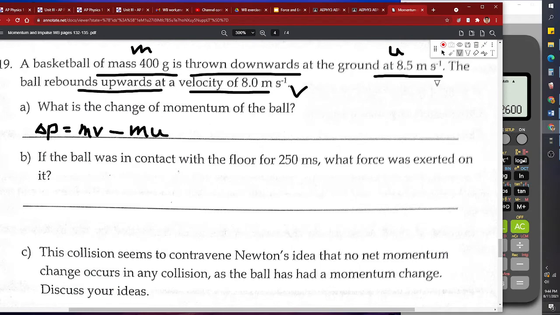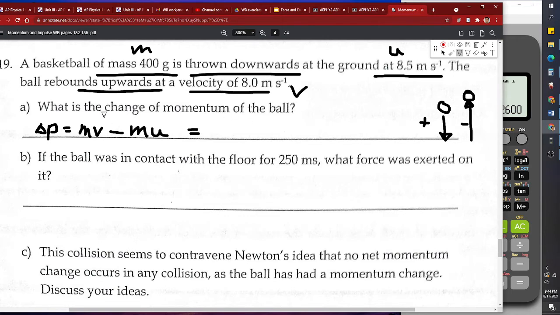If I draw this, on the way down, let's say that's the positive direction because that's the initial direction, and then the bounce up would be the negative direction. So that's going to affect our numbers. The mass stays the same.